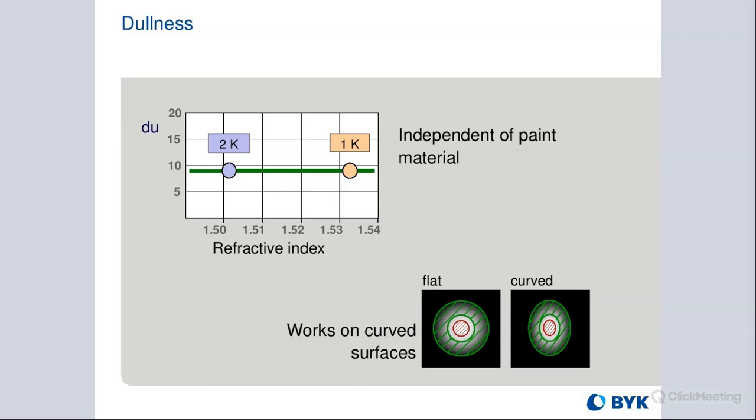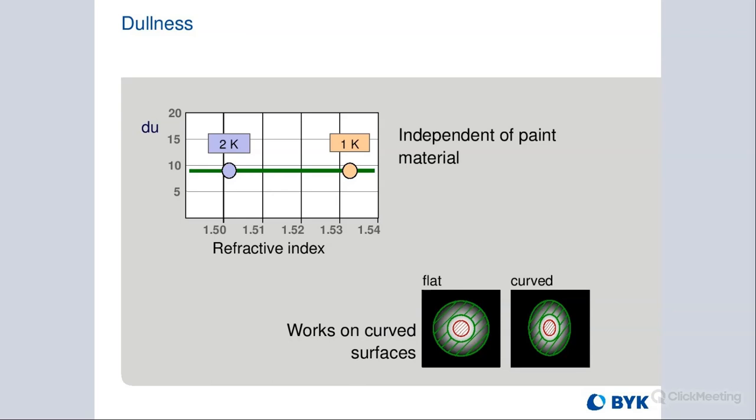The dullness value is very important because a lot of people in the past have used gloss to measure this type of phenomenon in their coatings, and gloss can be changed depending on the reflectivity of the coating itself. In this example, 2K and 1K, the refractive index is 1.5 for the 2K and about 1.53 for the 1K.